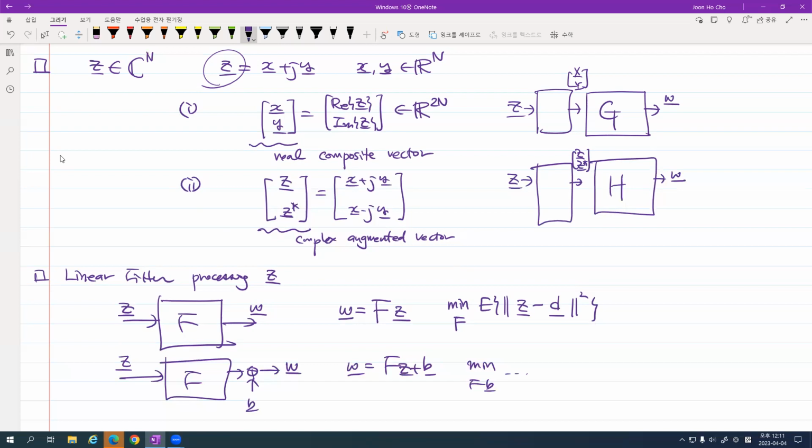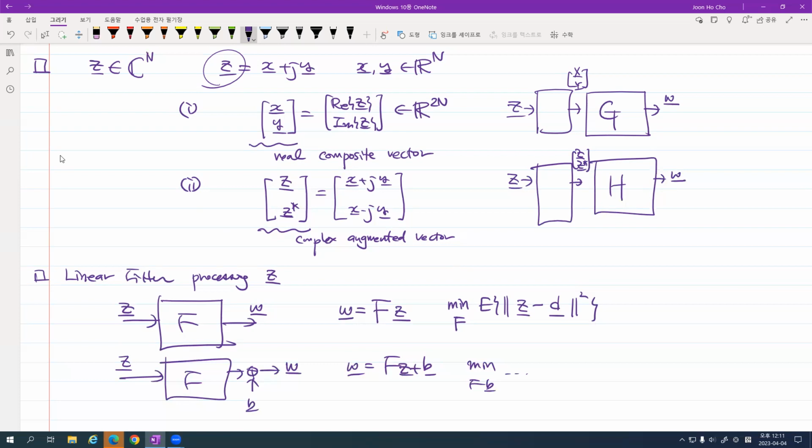However, this part is very important. Your linear filter may be inferior to these two filters. Got it? Now, it's your choice. You may always work with real and imaginary parts and do linear processing.